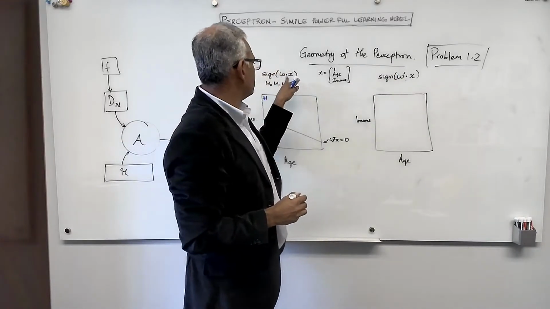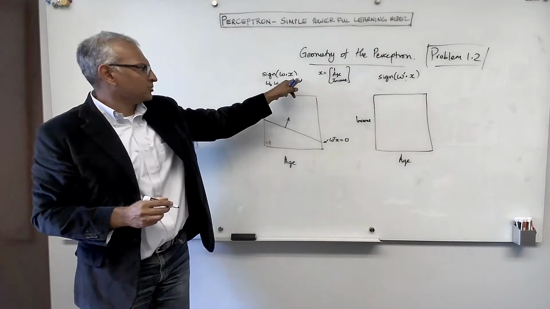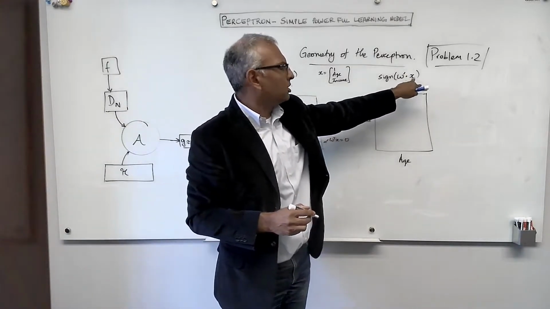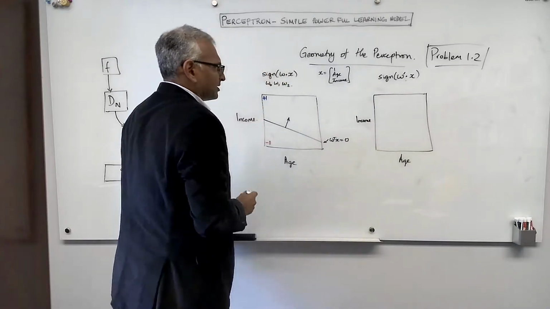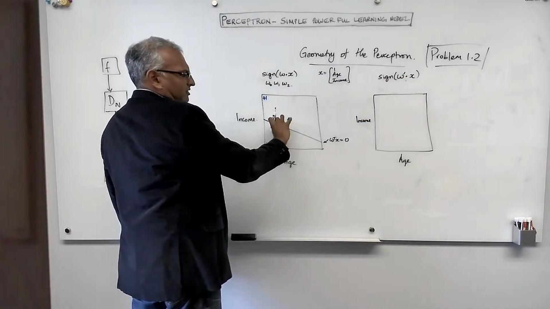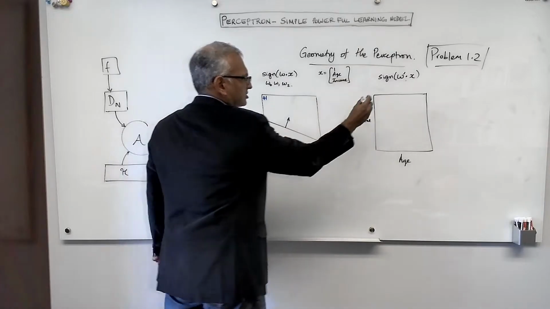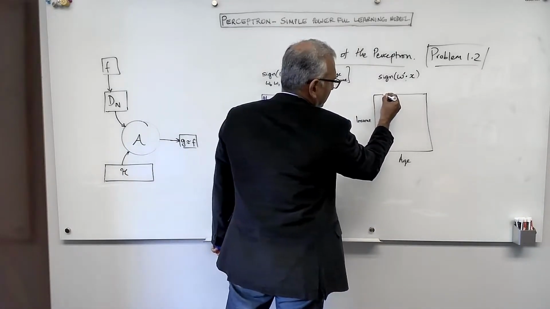W dotted into X is the same as W transpose X, and W prime dotted into X is the same as W prime transpose X. Because it's a different set of weights, it could have a different orientation and a different position. So let's say this hyperplane is over here.